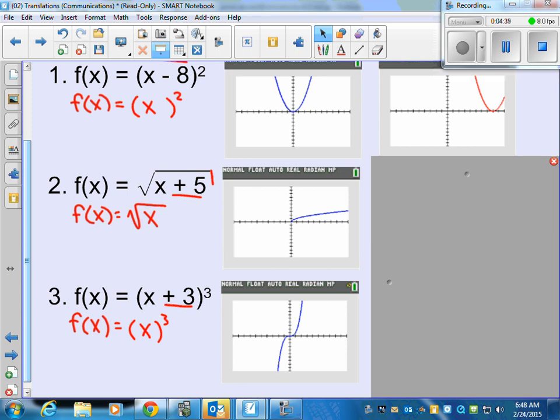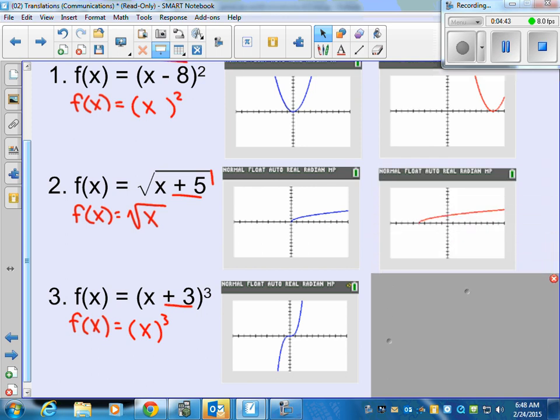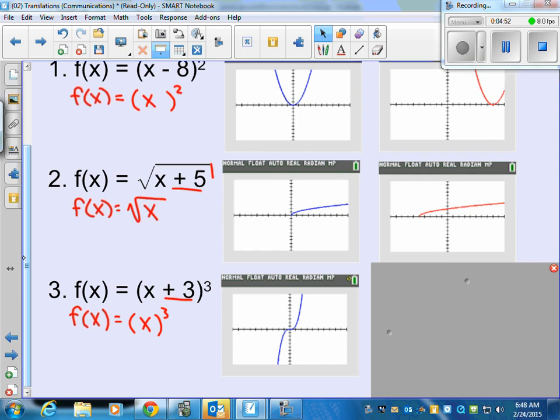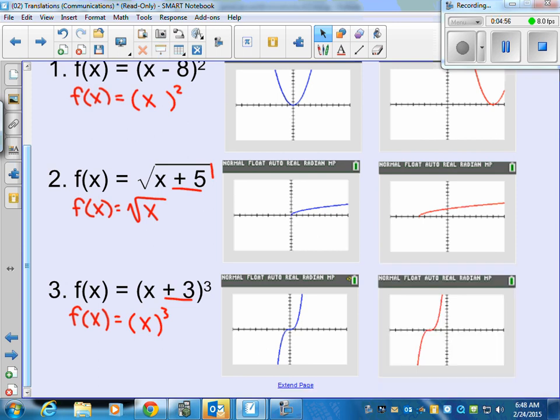In the second graph, there's a plus 5 on the inside, but the graph has moved to the left 5 places. And in our last equation, we've got a plus 3 on the inside, and that one has moved to the left 3 spots.